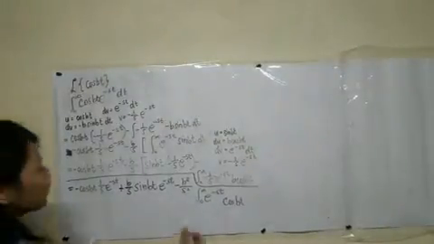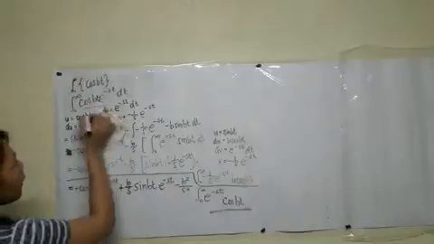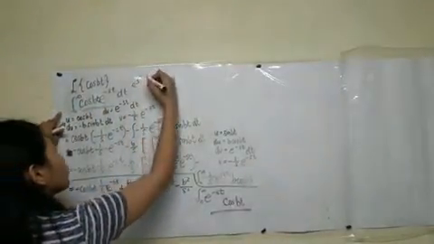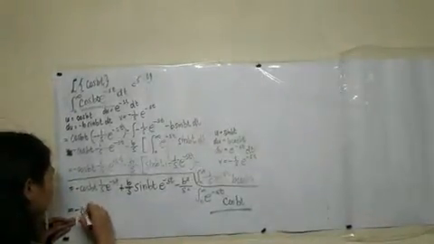So notice that this term is like this term. So we can let this term be y, and writing this again, cosine bt.